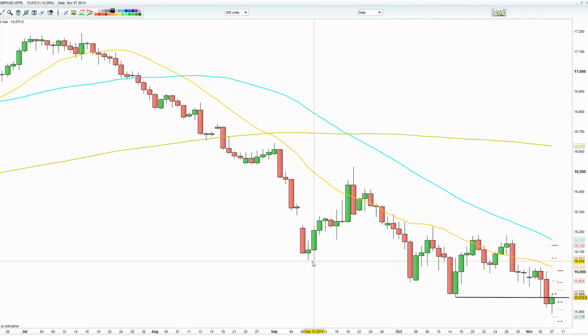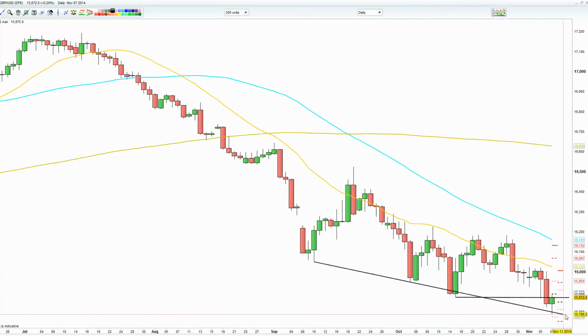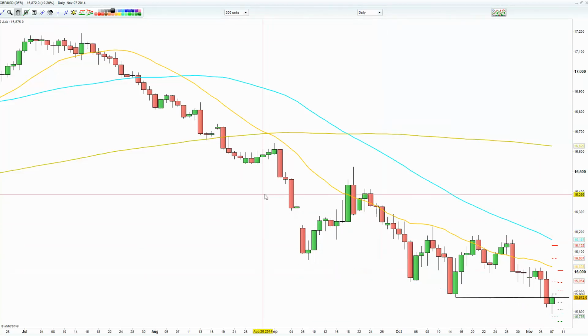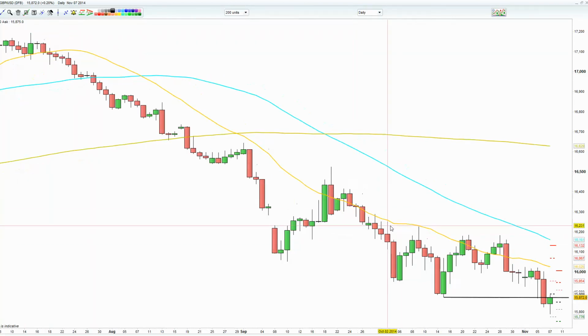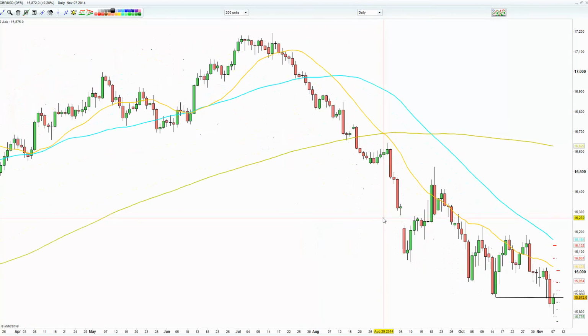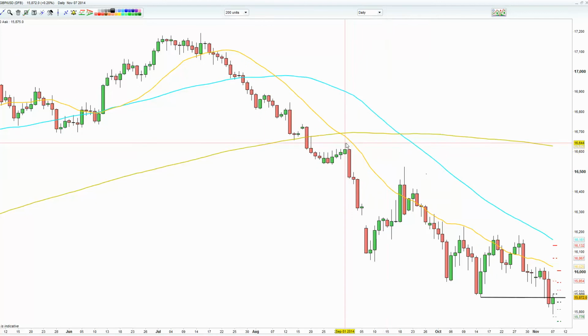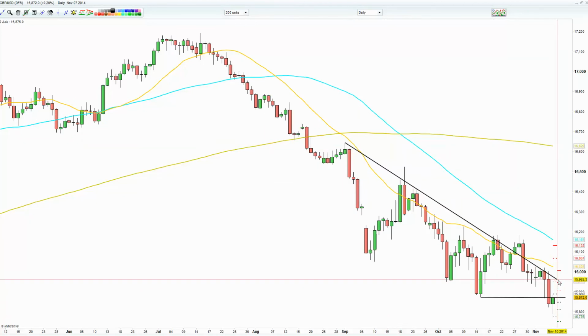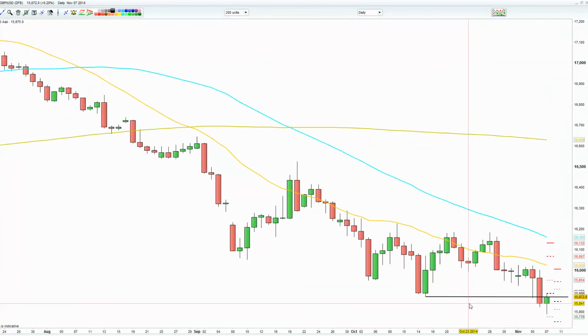So given my understanding of intermarket analysis, given the fact that we've held that key trend line there, and given the fact that the FTSE has an inverse relationship with sterling. Well, not 100% inverse relationship, but there certainly is one. Then basically what I'm trying to get at here is that this is potentially going to hold as a potential double bottom, and will certainly push higher.